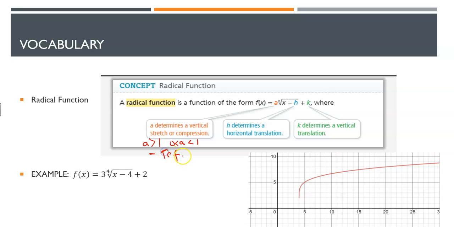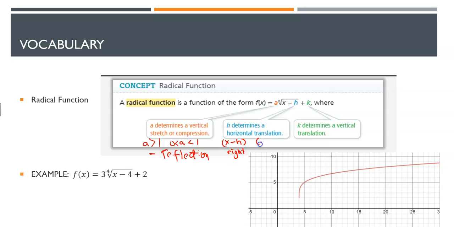Sorry, that doesn't look like an R. Now the h here determines a horizontal translation. So if it says x minus h, then we know we're going to the right.